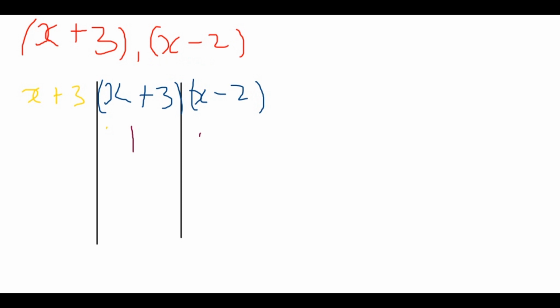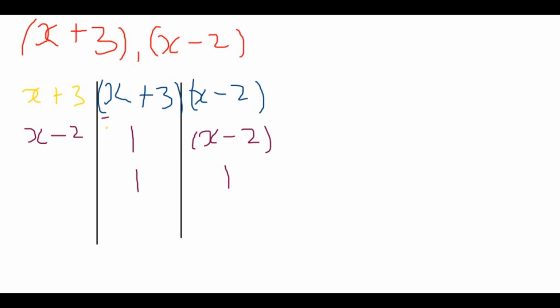Well, what we'll do here is we'll divide by x minus 2. So everything will cancel everything here, and we'll be left with 1, and 1 also comes down here.